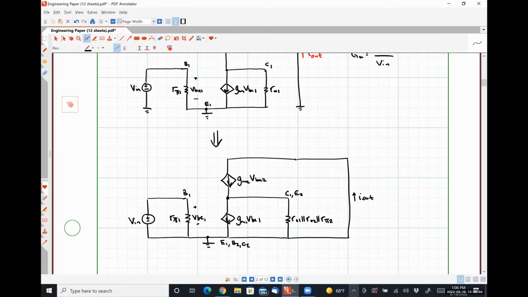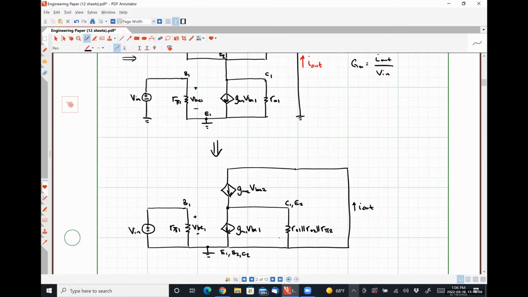Where if here's B2 and here's E2, VBE2 could be positive polarity on bottom, negative polarity on top. So now these things should be effectively the same.